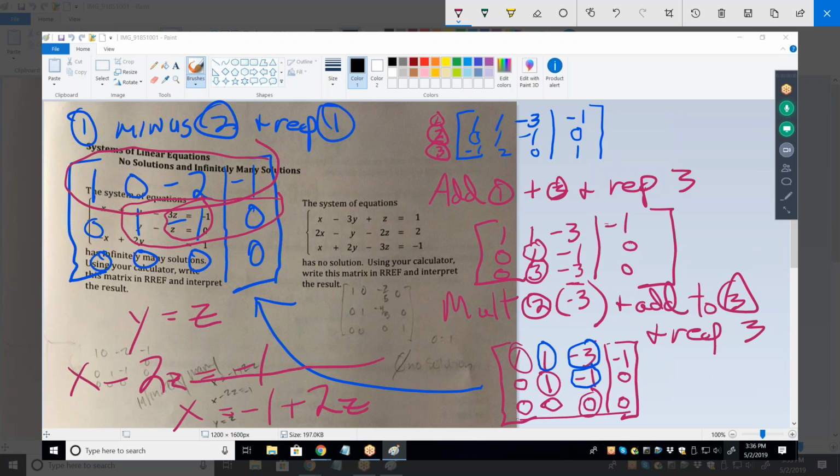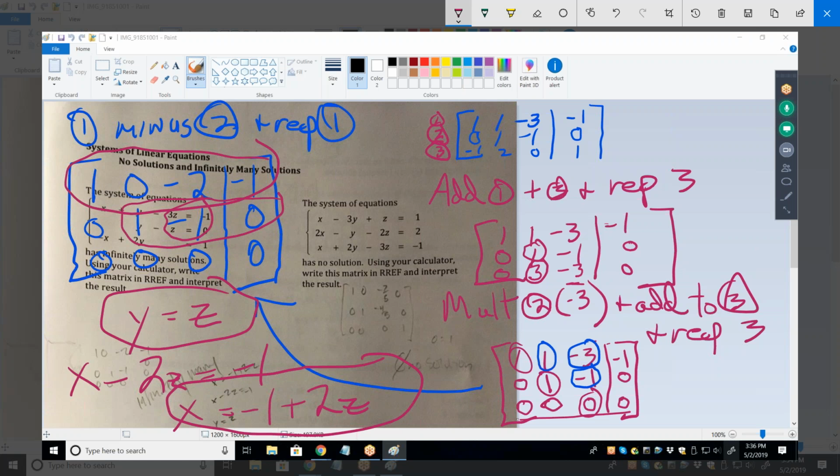Now notice I have two equations, but I have three unknowns. I have an x, a y, and a z. And whenever you have one more variable than you have equations, it's infinitely many.